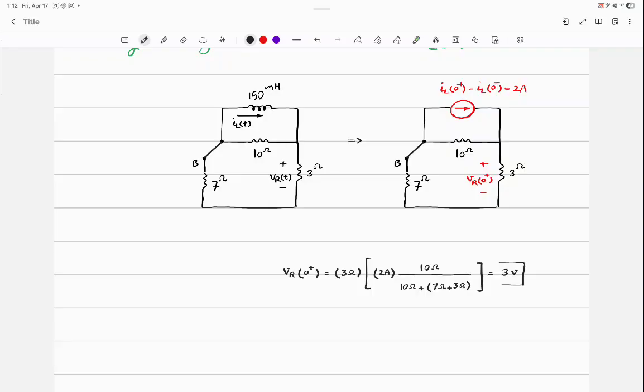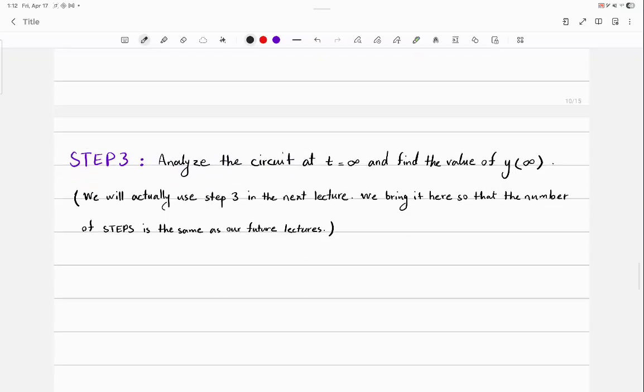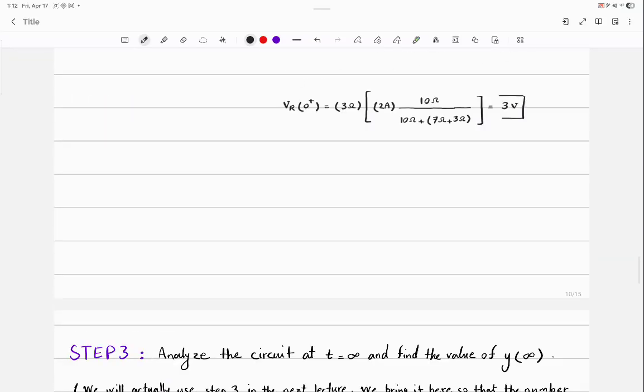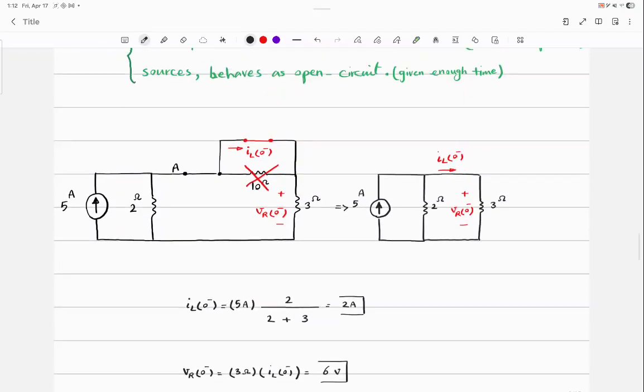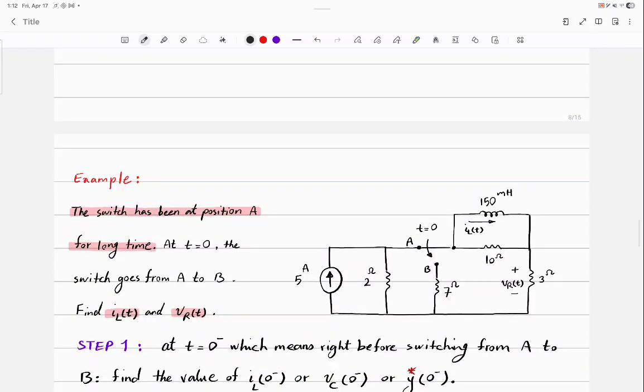Step 3, something trivial for this lecture, but we're going to do it anyway just as a practice. We're going to analyze the circuit at t equals infinity. Before even analyzing, you should tell me what's the answer. 0. But it's good practice to see. Yes, exactly.